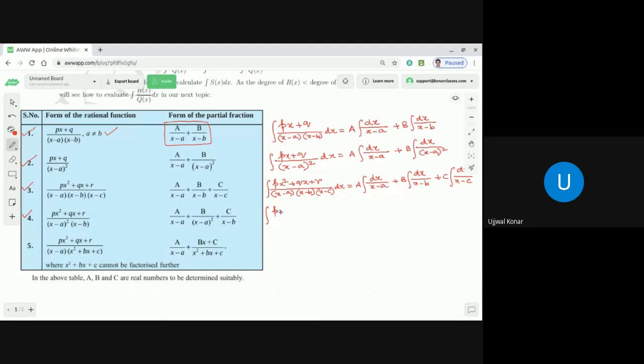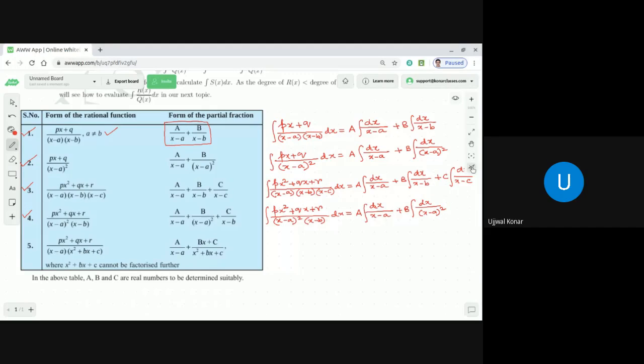Integration of (px square plus qx plus r) divided by (x minus a) whole square into (x minus b) dx is equal to capital A, we will take outside, integration dx by x minus a plus capital B integration dx by (x minus a) whole square. Correct, no?